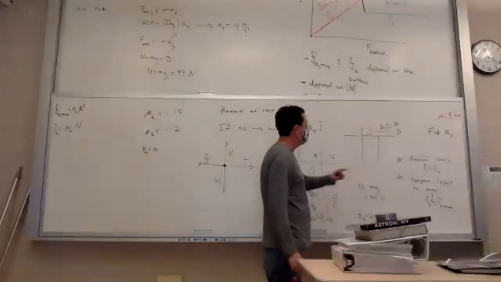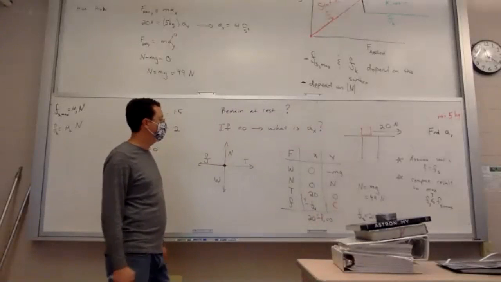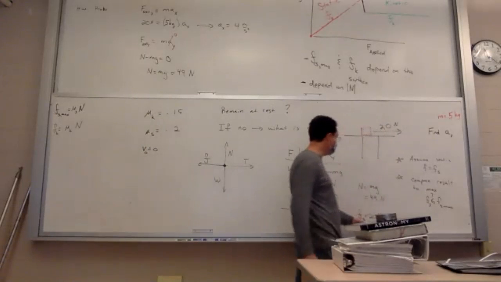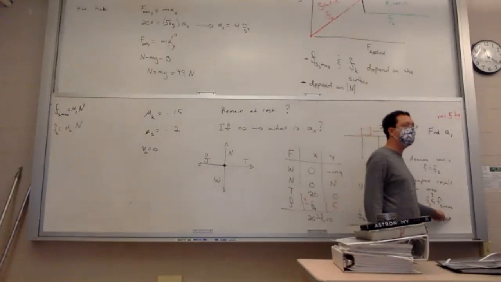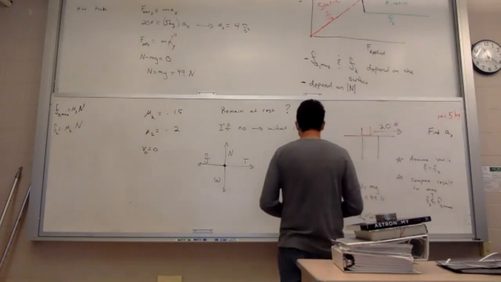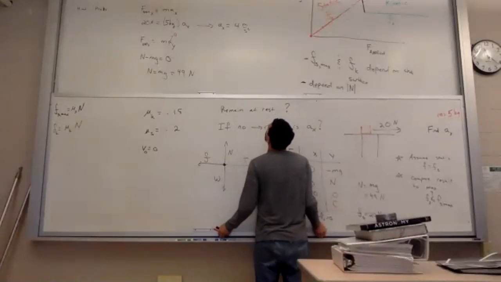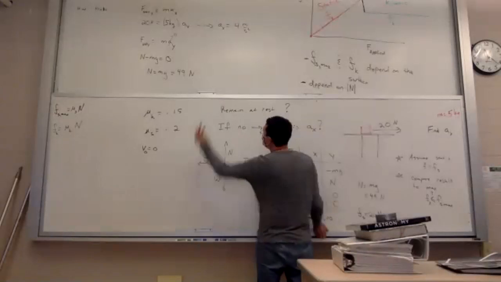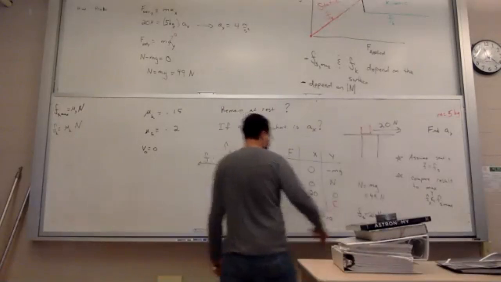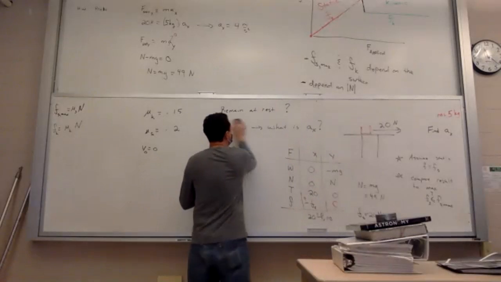Now, how do I know if that is going to be allowed or not? What's the next thing? I want to compare this result with the maximum possible static friction. I kind of want to save those numbers, I don't want to erase that, so I'm going to come over here. Let's work out the maximum possible static friction.